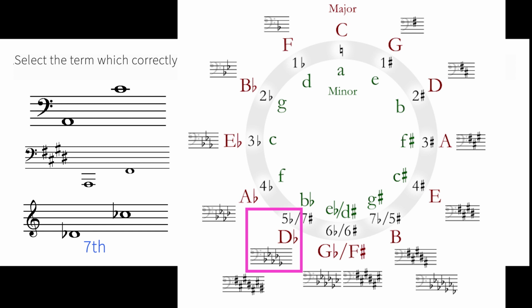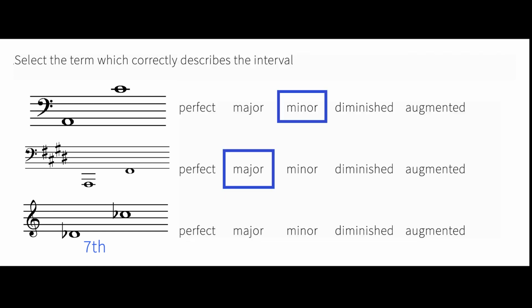But when we look at what we've got there, this is actually a C flat, a semitone lower than the C natural, which would be in D flat major. So knowing that a minor interval is simply one lower than the major, we can say that we have got a minor seventh in this case.